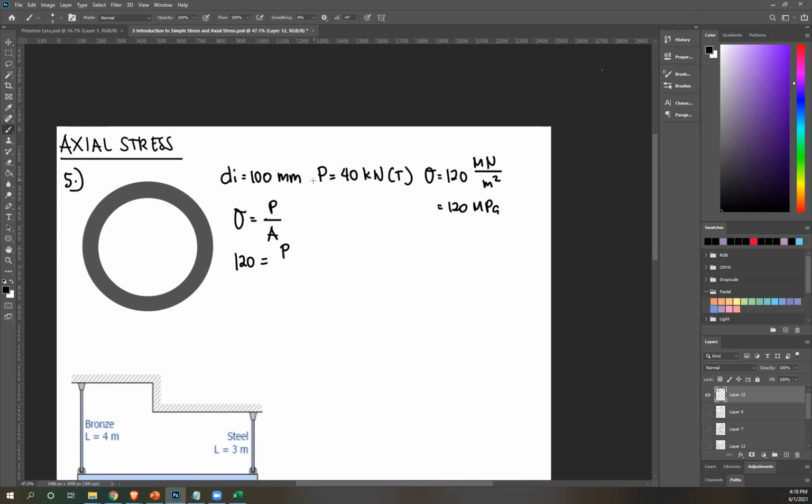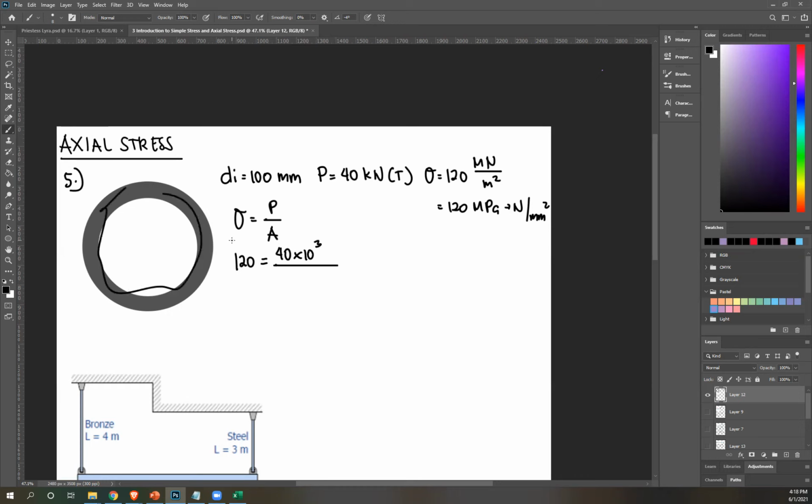This P is given, 40 kilonewton. MPa is also Newton per millimeter squared. Recall, I told you to make sure your units are uniform. This is MPa, so I need my force to be in Newton. So I'm going to convert that 40 to Newton, so times 10 raised to 3. And then over area.